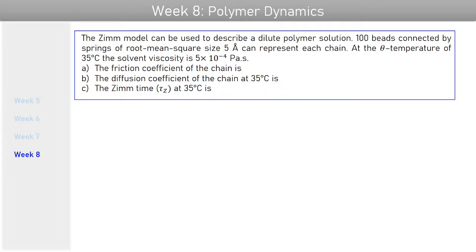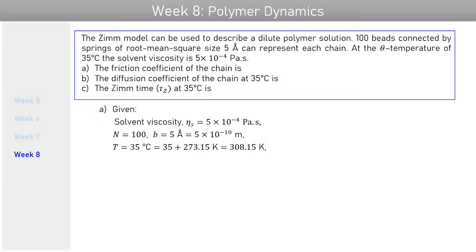And finally, the tube model and the reptation model are applicable for dynamics of entangled polymers, where the polymer chains are long enough so that they can get entangled with each other, and the motion of a chain is strongly affected by the presence of all the other chains in its vicinity.